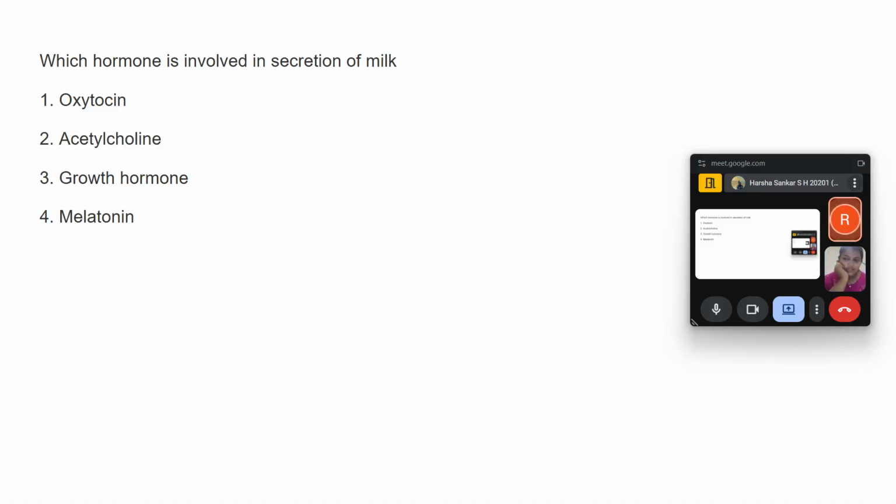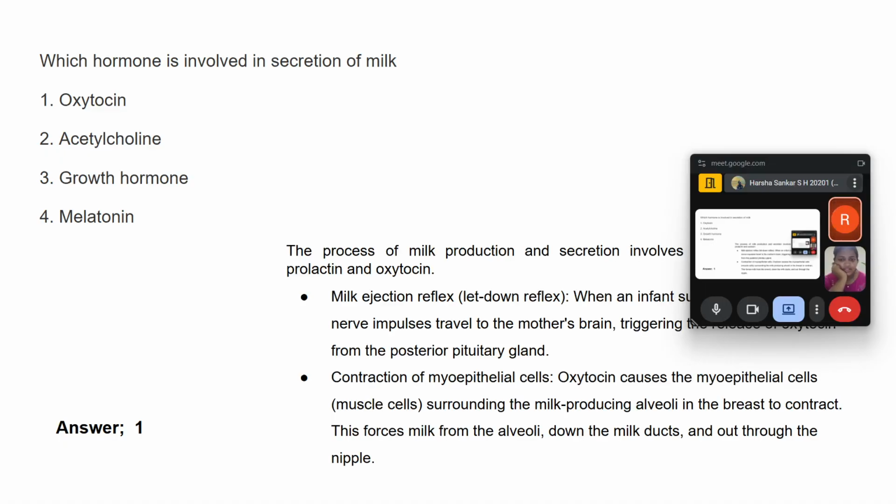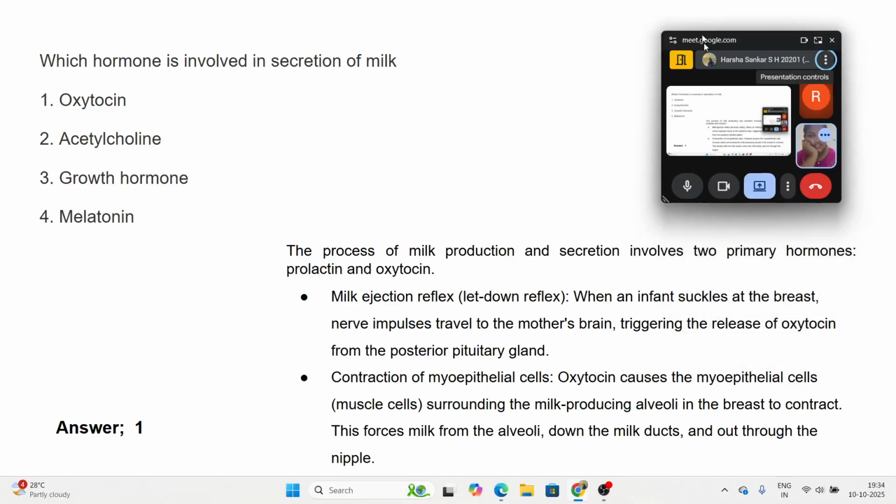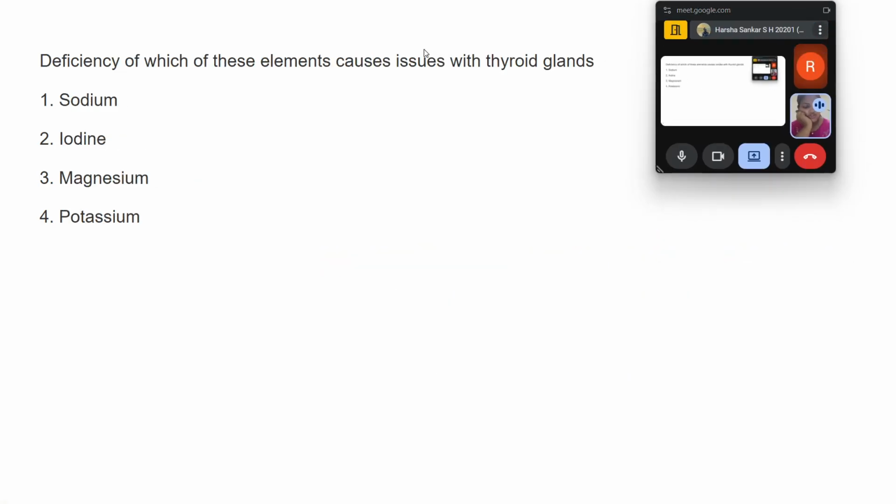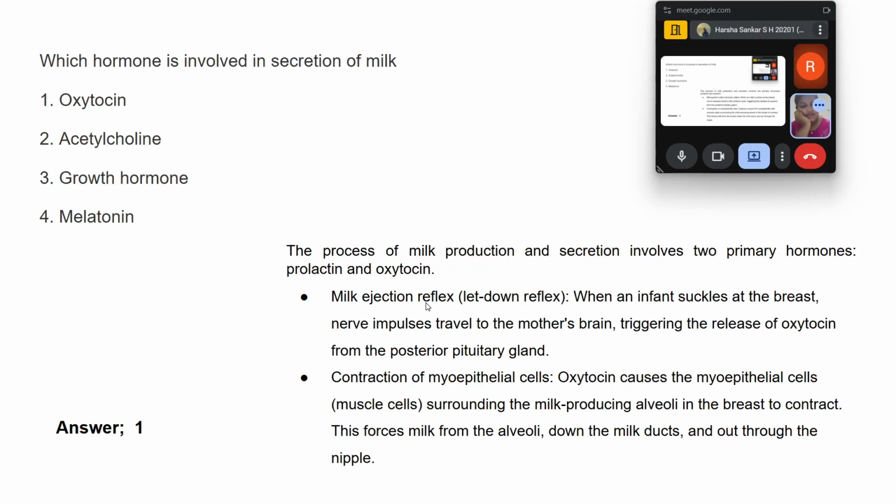The milk ejecting hormone is oxytocin. Oxytocin has two functions. One is the milk ejection reflex, or let-down reflex. When an infant suckles at the breast, nerve impulses travel to the mother's brain, triggering the release of oxytocin from the posterior pituitary gland.